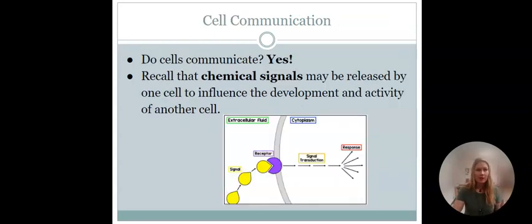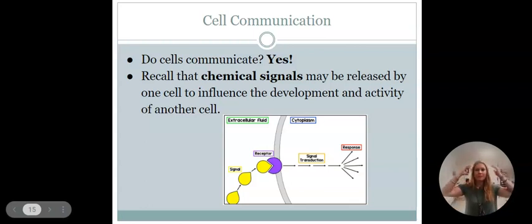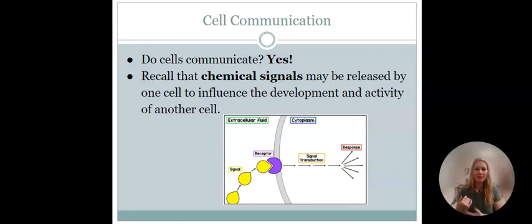All right, cell communication. Do cells need to communicate? Yes, absolutely. My brain cell needs to know what's happening with a lung cell. So yes, cells communicate. They communicate through chemical signals that are released by one cell that can influence the development or the activity of another cell. Most of these chemical signals are going to be either hormones or neurotransmitters.